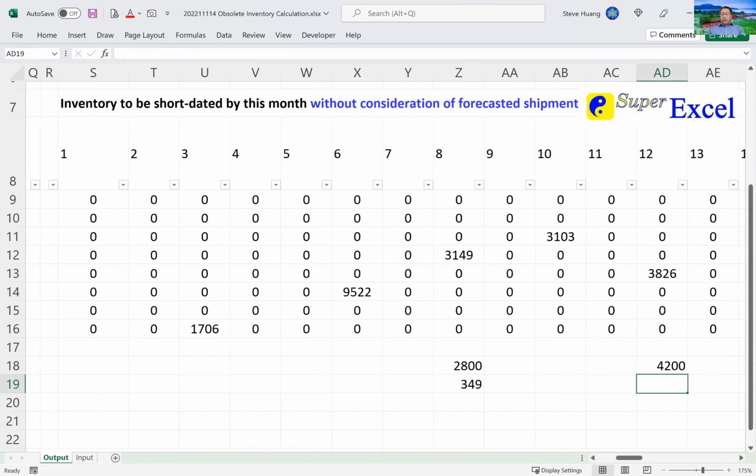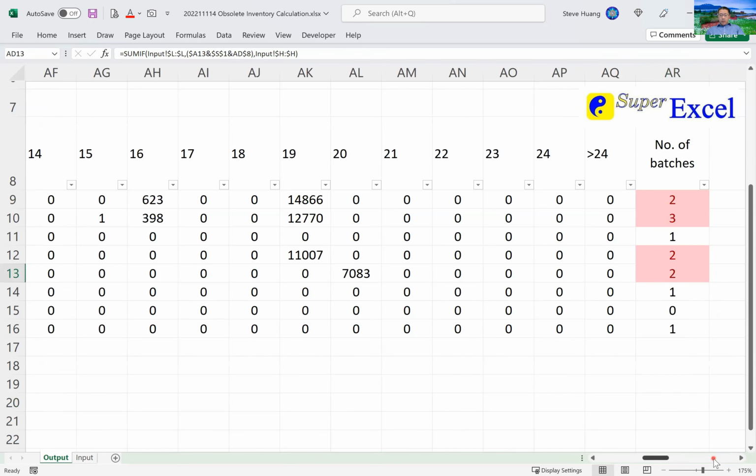That will be 4,200 units. So that means we're short of inventory by 374 units. That means during that month, we are going to use not only that amount, we're also going to use some of the inventory that will be short dated in month 20.